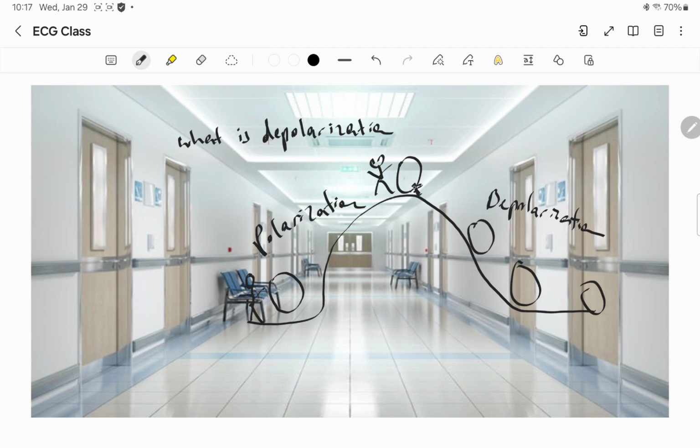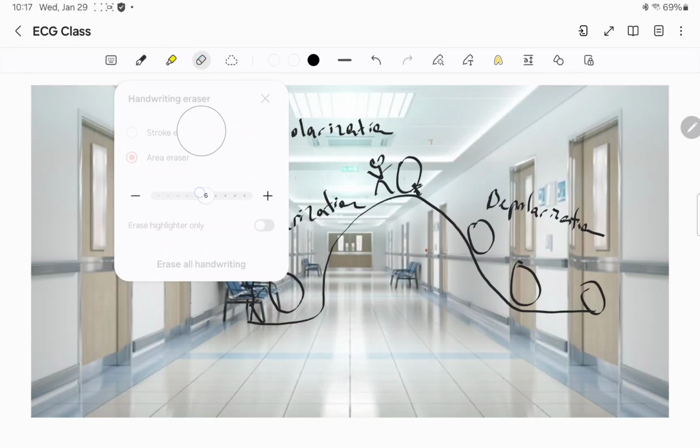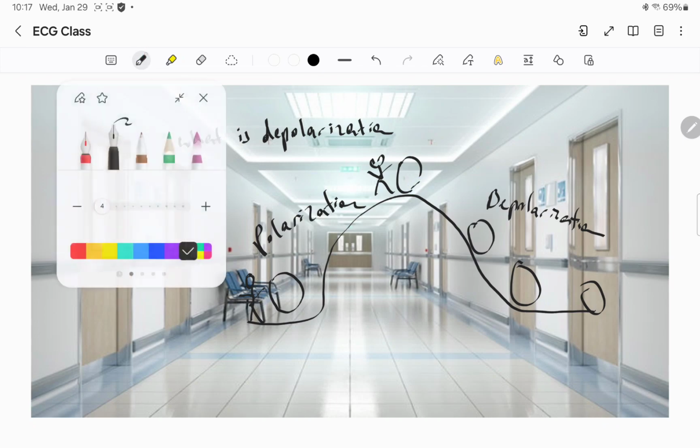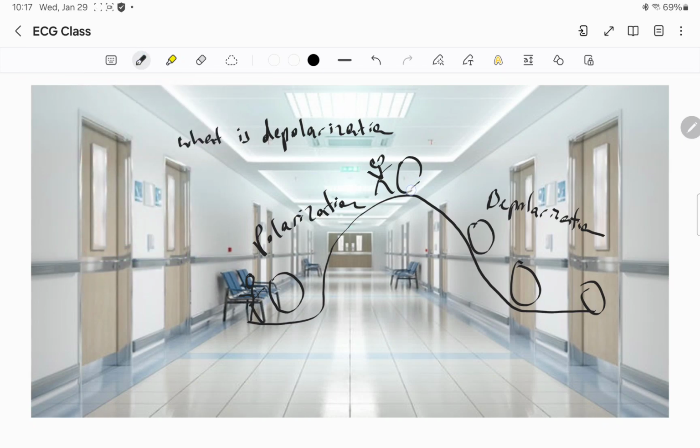These would be the ion channels. So once you remove this blockage, the boulder is free to depolarize, so to speak. All right, so that's basically the concept of depolarization.